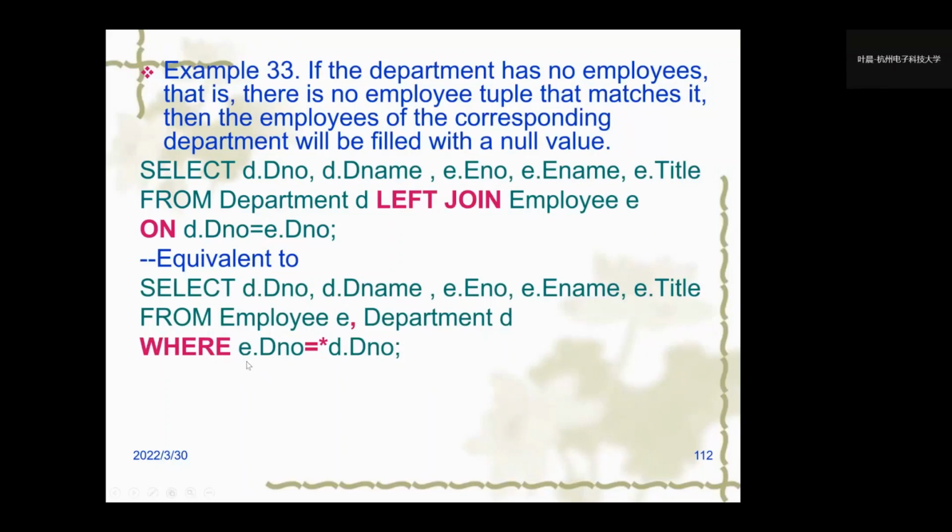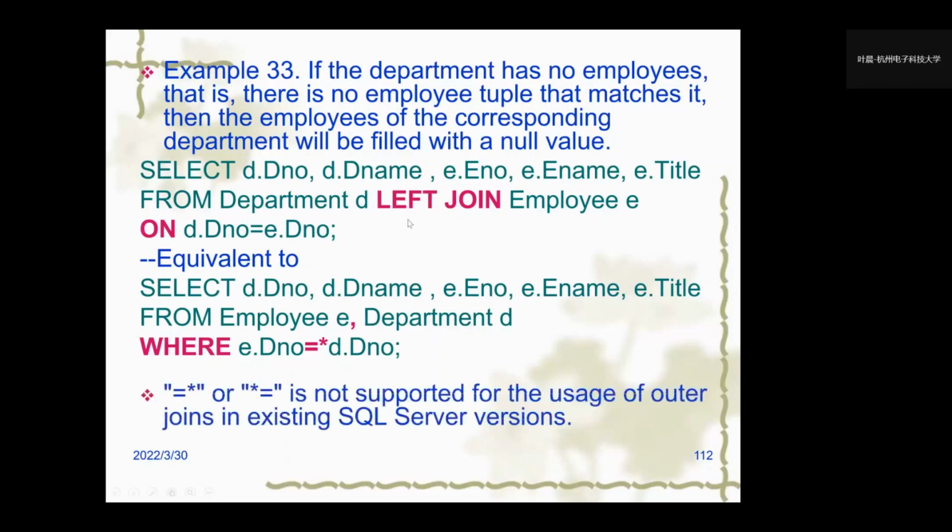So here we use D.dno equal to star E.dno. This condition means the left join, so it has an equal meaning.